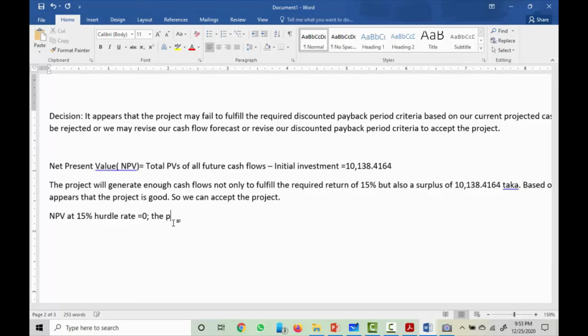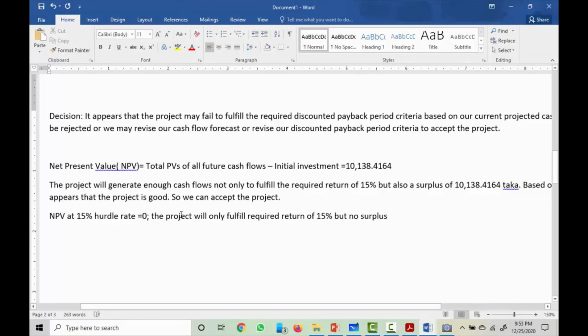So this indicates that the project will only fulfill the required return of 15%, but no surplus.